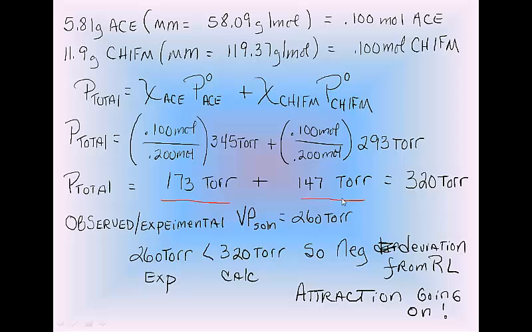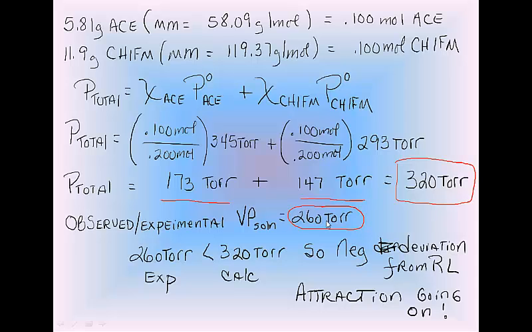I calculate it up and I get a calculated vapor pressure of the gas phase above the solution of 320 torr. I go back in the lab and I end up getting a 260. Well, 260, which is the observed, the actual, the experimental, is less than what I calculated. It's less than 320. So what's going on?